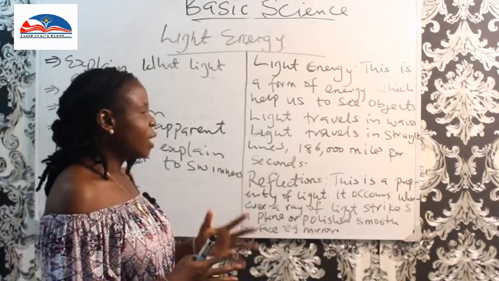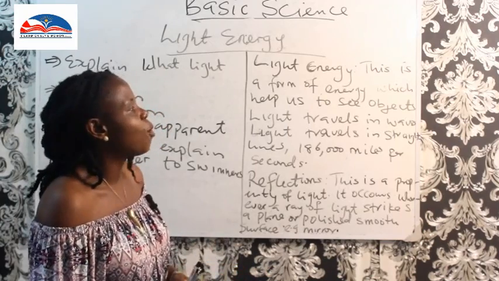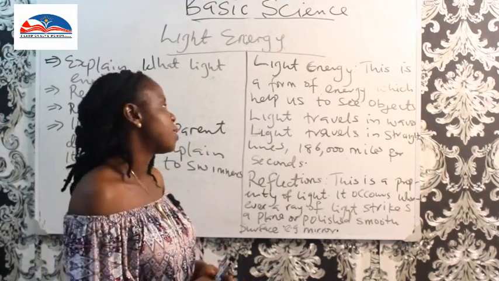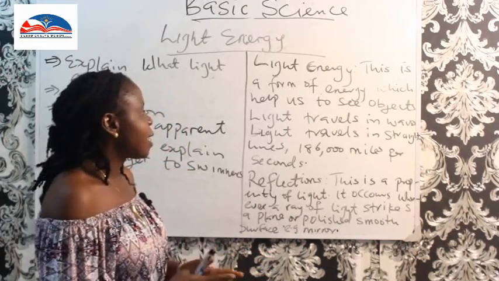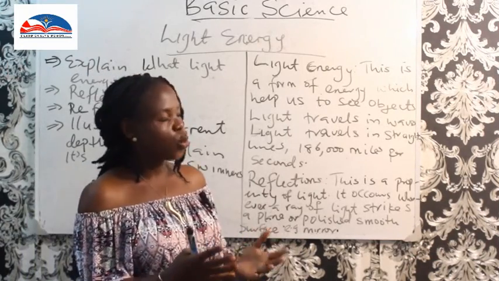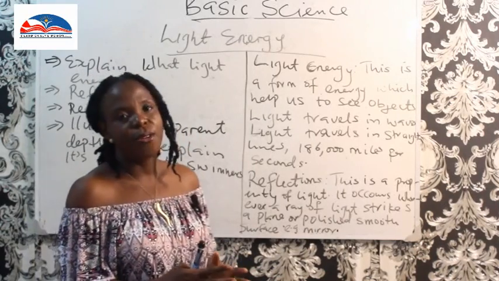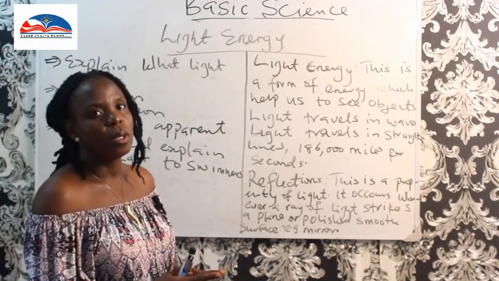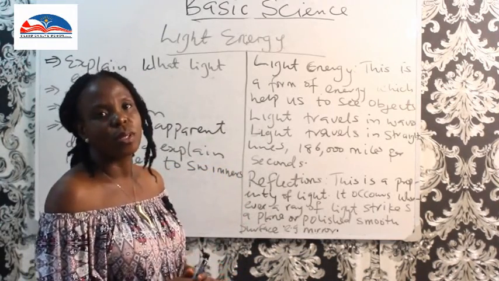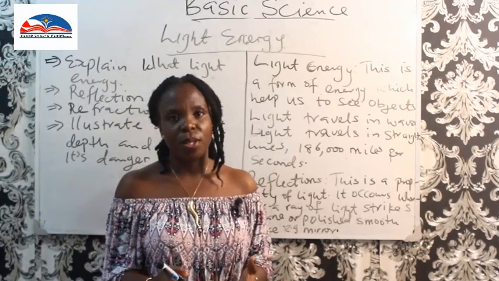So that is what light energy is. Light energy is a form of energy which helps us to see objects. Light energy travels in a straight line. Light energy helps us to get warm. Light energy travels at a rate of 186,000 or more miles per second. So that means that light is important.